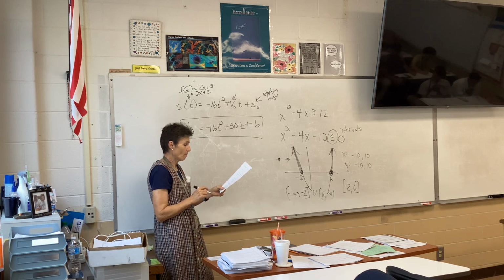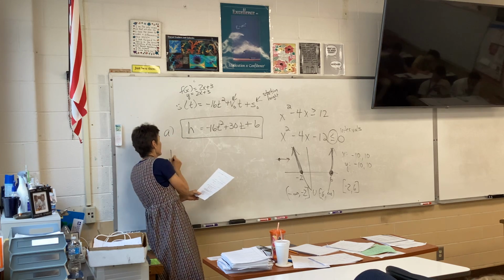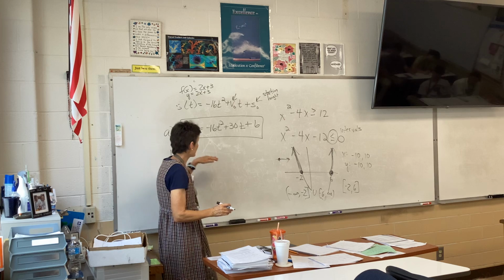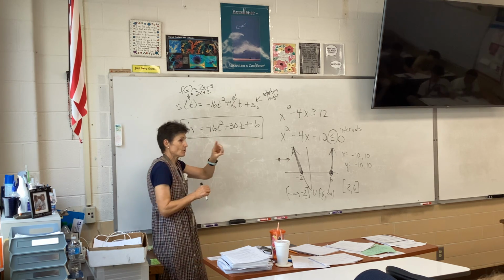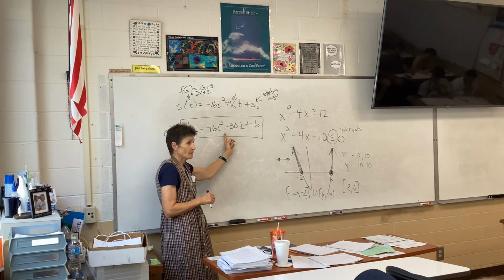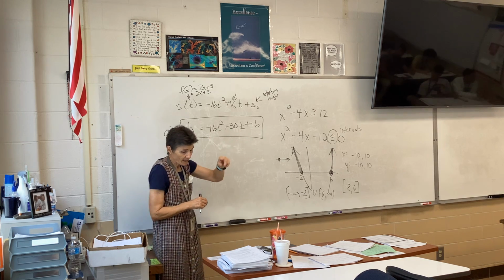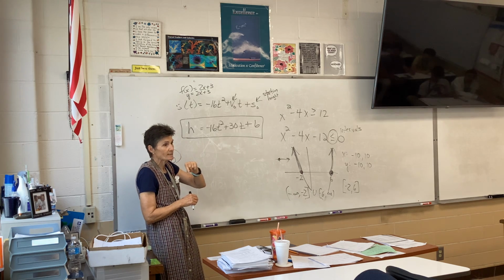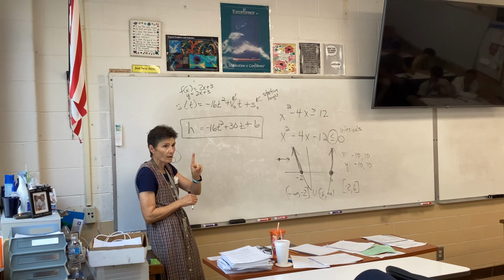Find the height of the ball at 1 second. So here's your equation. There are 2 variables, height and time. They said, find the height of the ball at t equals 1 second. Guess what I'm going to do with that 1?